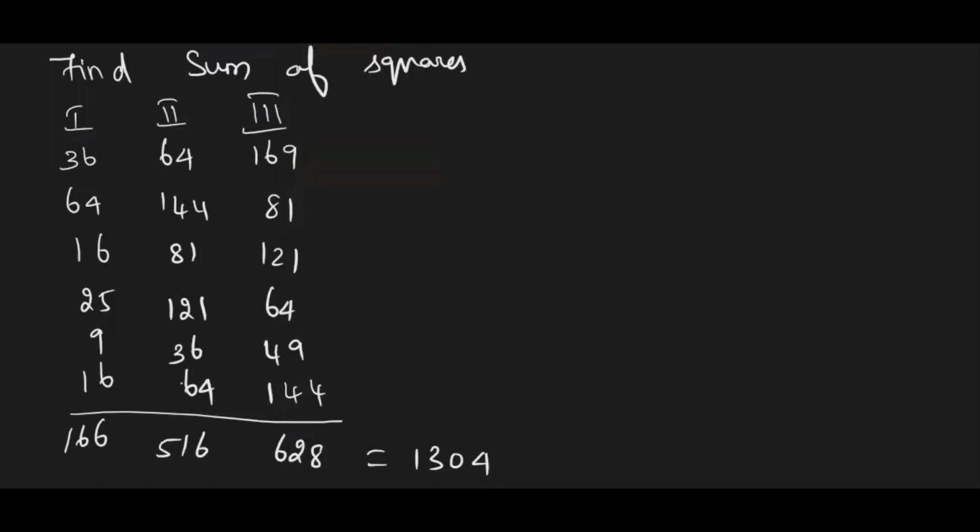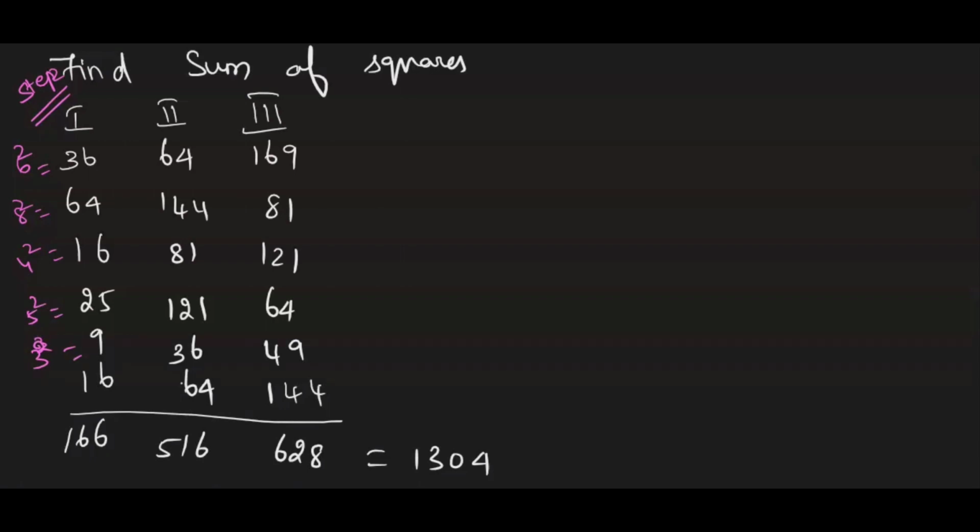Step 2 is we are going to find the sum of squares. In the question they have given 6, so 6 square is 36. The second value is 8, so 8 square is 64. Third value 4, 4 square is 16. Fourth value 5, 5 square is 25. The next value 3, 3 square is 9.